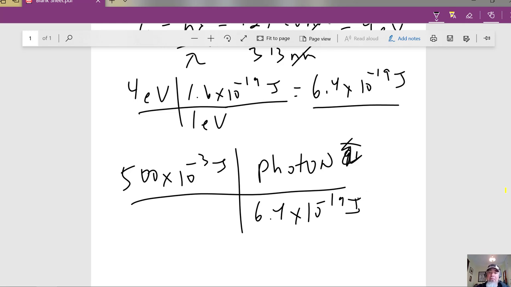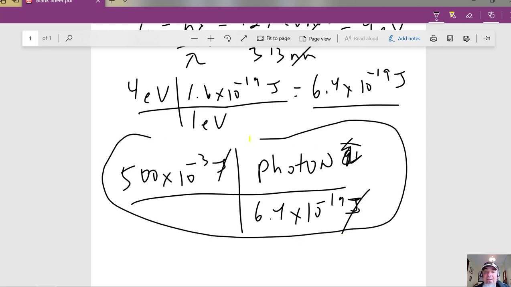This is J here. Okay. So the joules cancel out and you're just left with the amount of photons that you have. So it's a lot. Okay, so I'll leave that part of plugging it in to you, but this is the way to do the second part. And that's per square centimeter. Okay, and then the other parts are the same way.